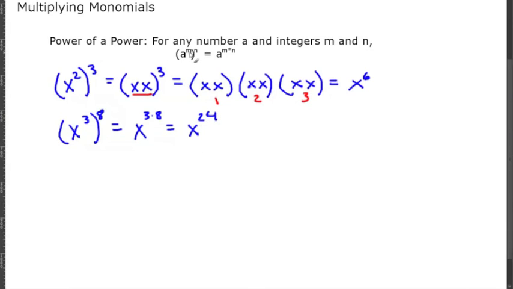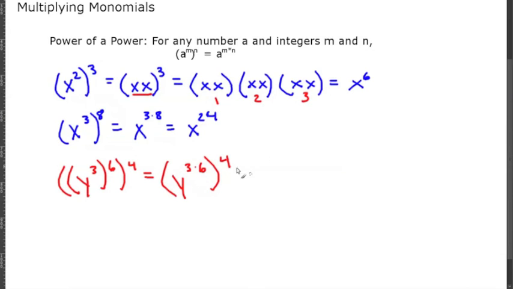And not only can we do this with only 2 powers, but let's say we had y to the third, that term to the 6th, and that term to the 4th. Let's do the inner terms first. So we're going to have y to the 3 times 6, and all of that to the 4th. So simplified down, that would be y to the 18 to the 4th.